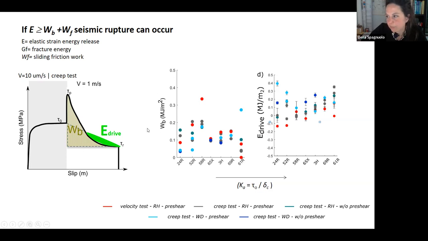We can measure both at this point because we have all the ingredients that we need. We can measure the breakdown work, which is, I would say, similar for all the lithologies. But if we look at the driving energy, it is different. This is because the initial strength and the initial peak are a little bit different, and that makes quite a large difference.